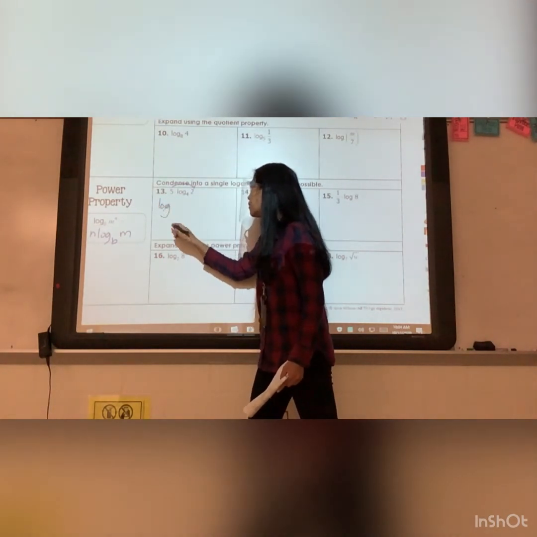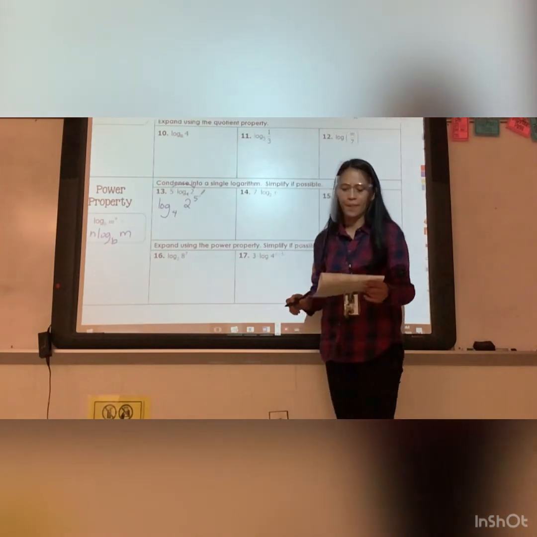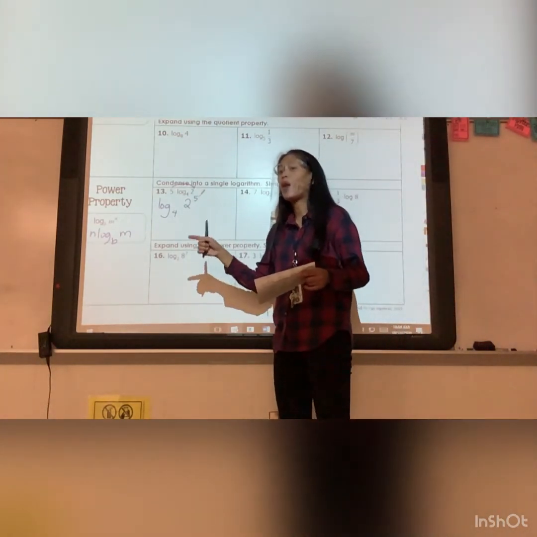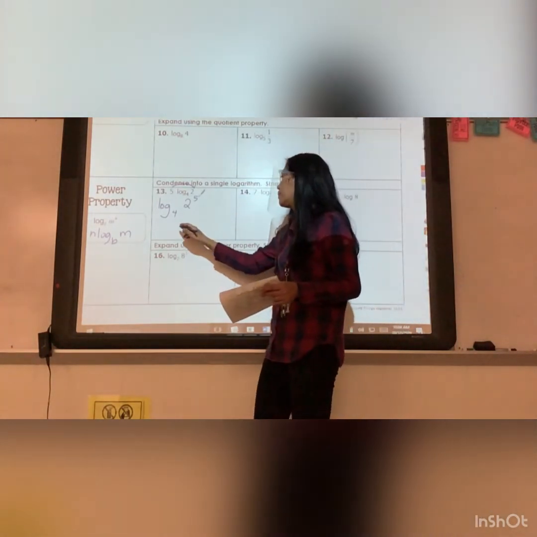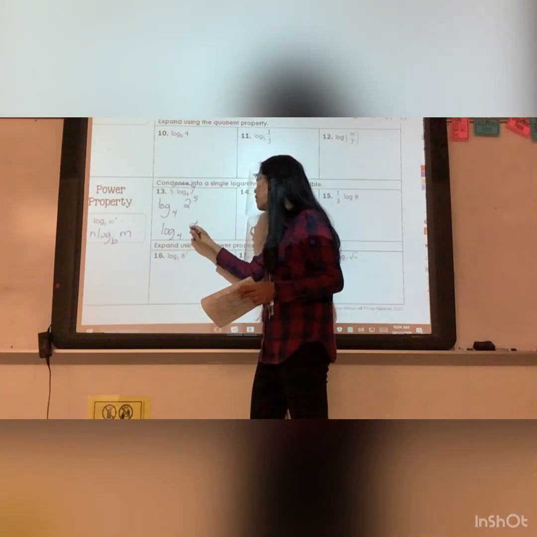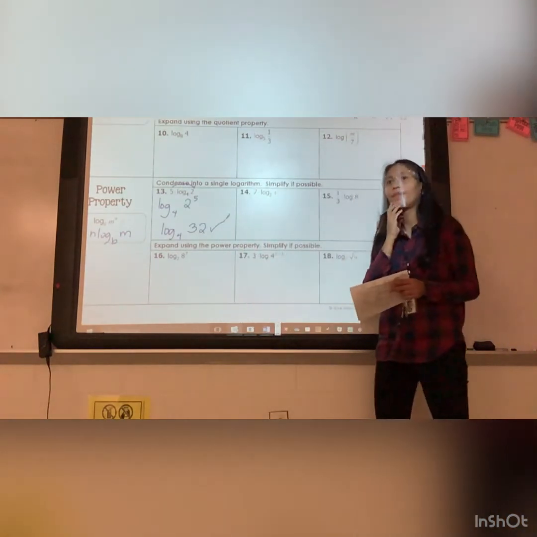Log base 4, and then you have 2 to the 5th power. So what is now 2 to the 5th power? Put it in your calculator, please. 32. Yes, log base 4 of 32. So this is now your final answer.